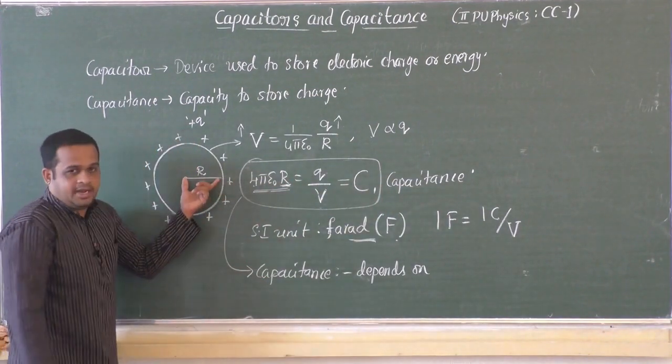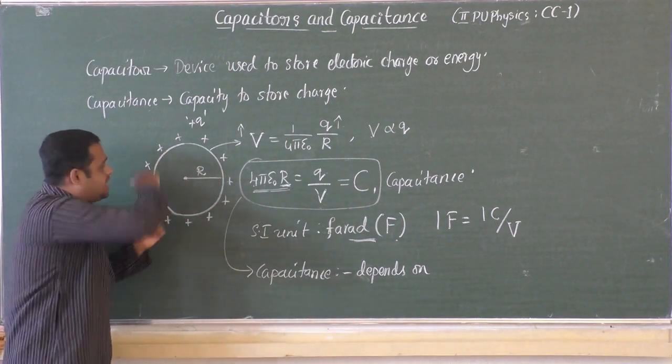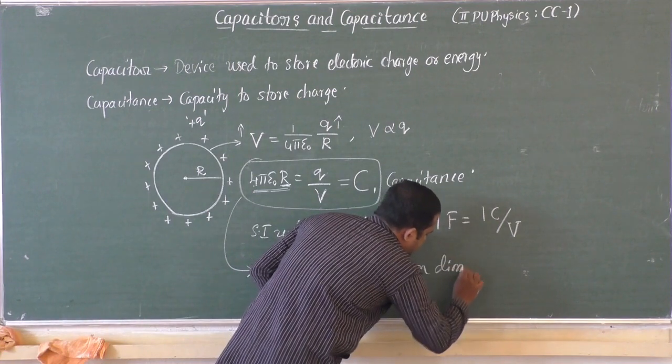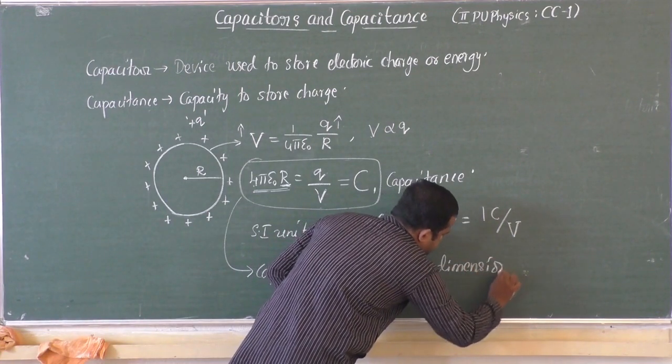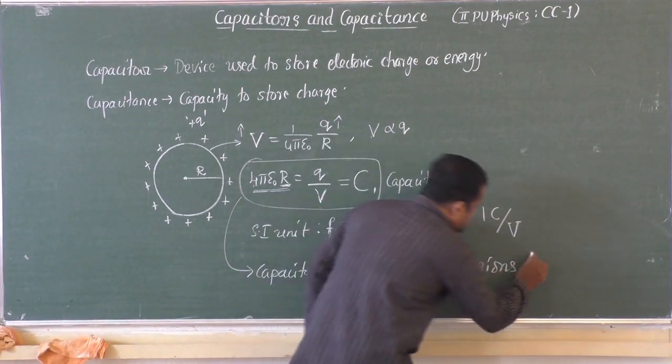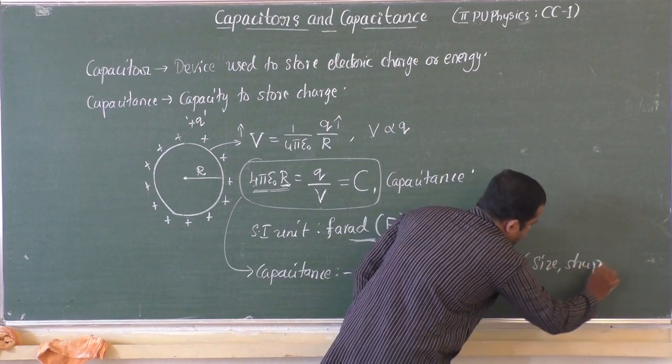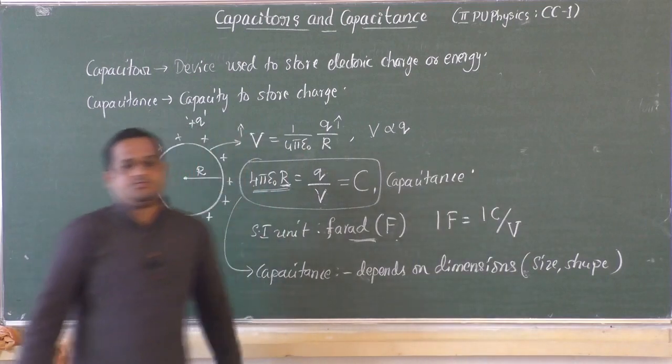R is the radius, that means it is related to the dimensions of the conductor. So capacitance depends on the dimensions or geometry, that is, the size and shape of the conductor.